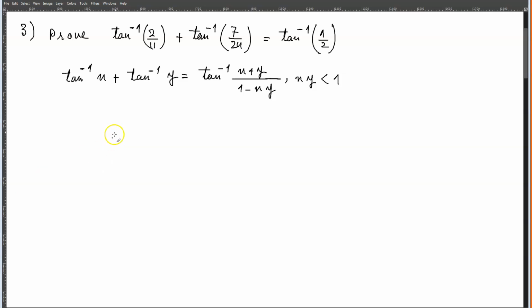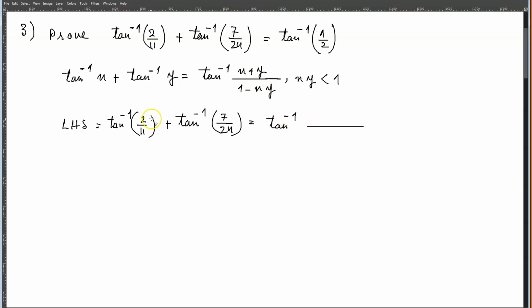And so if I write, basically your LHS is equal to tan inverse of 2/11 plus the tan inverse of 7/24, which is the same thing as, based on this formula, the tan inverse of 2/11 plus 7/24 over 1 minus 2/11 times 7/24.